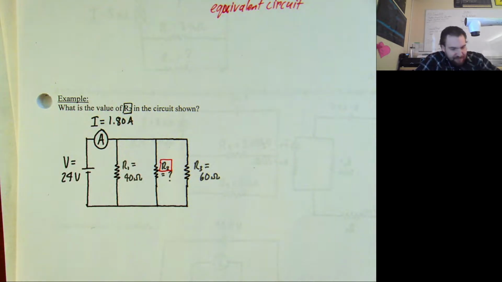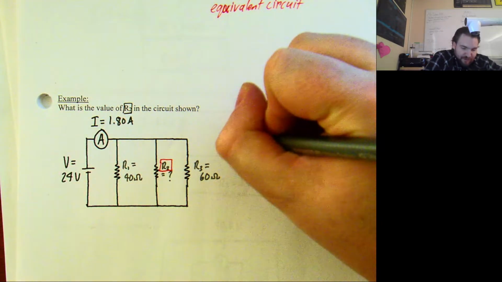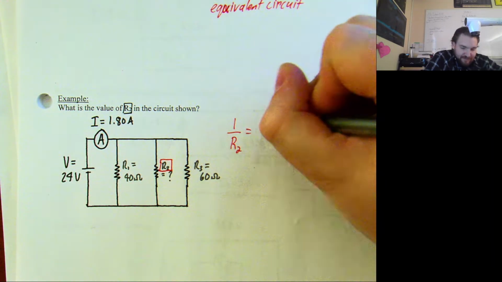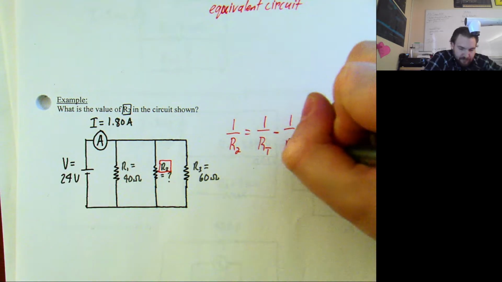R2 is going to equal 1 over R total minus 1 over R1, and then minus 1 over R3.